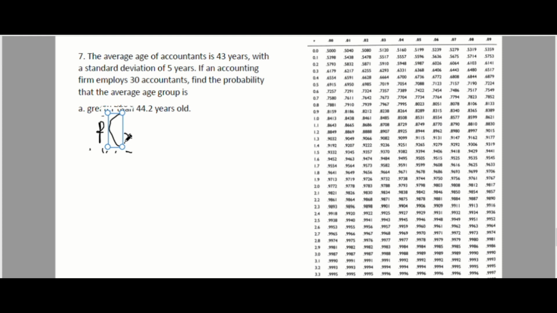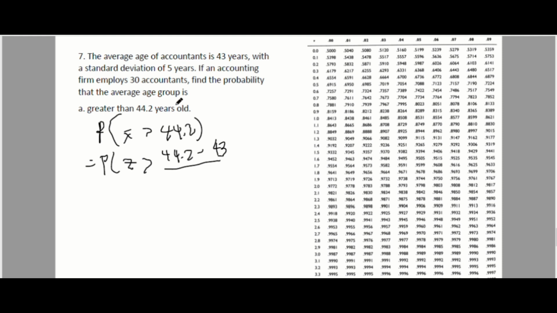X bar greater than 44.2. Okay, we have 44.2 minus the mean, the mean is 43, then divided by the standard deviation, 5, then square root of 30 because there are 30 accountants.